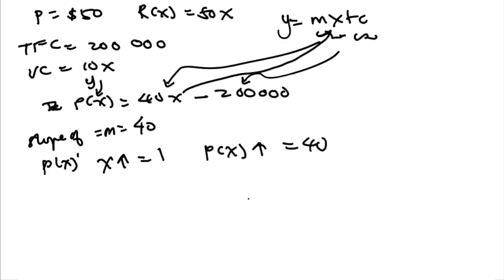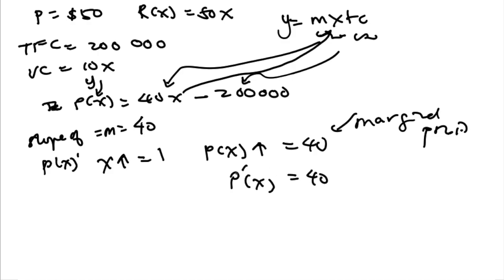If I increase output produced and sold by 1, if I manage to sell one more product, then there will be additional profit of 40. In economics, this is what we call marginal profit. Marginal means additional. So 40 here is marginal profit. There is a symbol for writing marginal profit. Later you're going to study derivatives. Usually we do something like this. All right, now let's go back to these two.